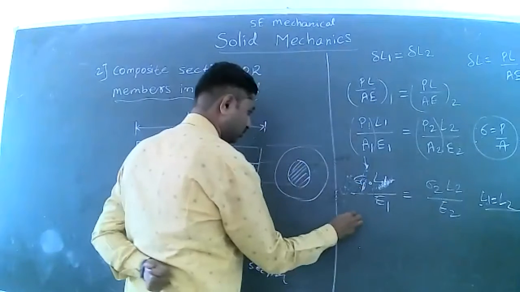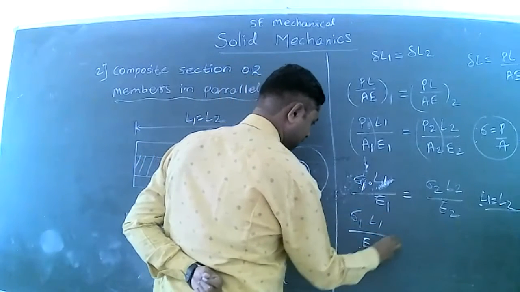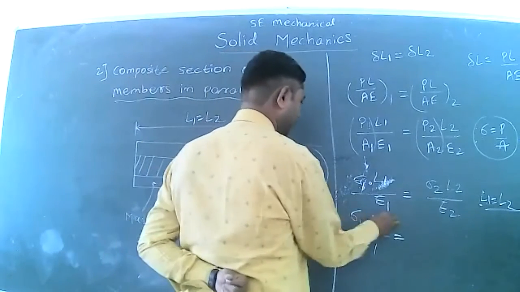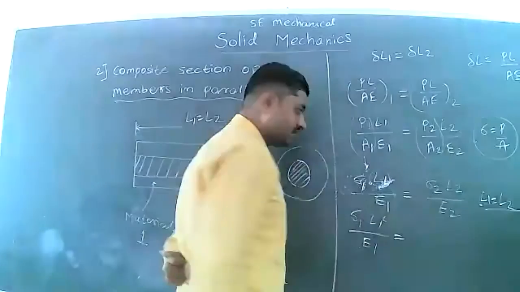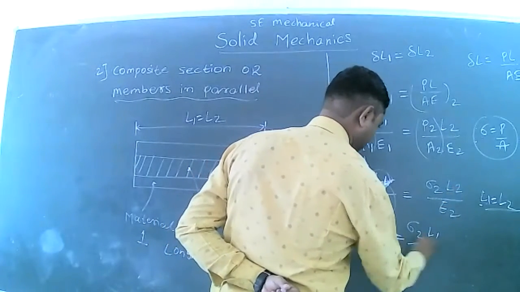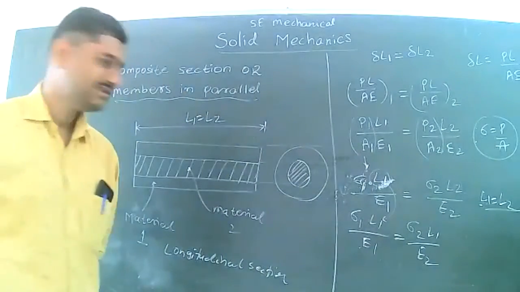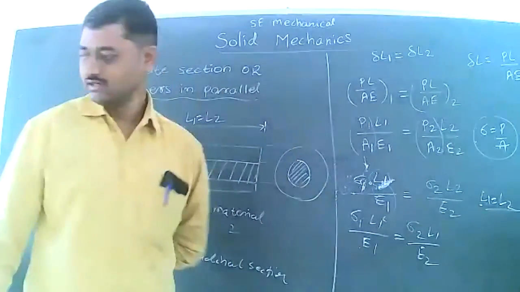If L1 is equal to L2, we can write L2 as L1, so sigma 1 L1 upon E1 is equal to sigma 2 L1 upon E2. The lengths are the same, so this L1 gets cancelled.